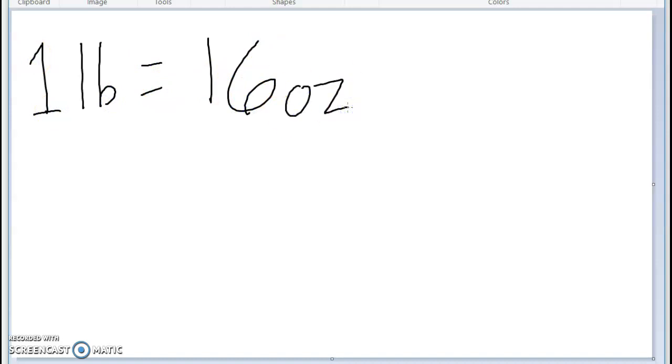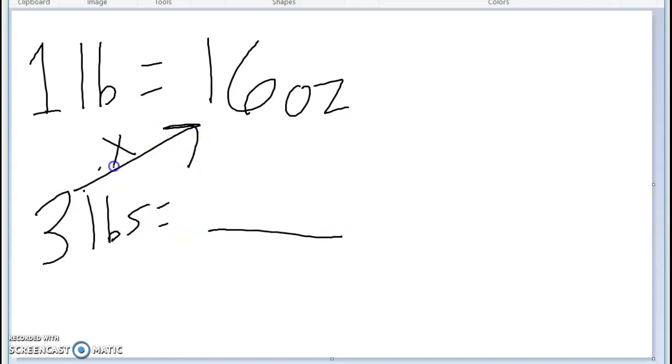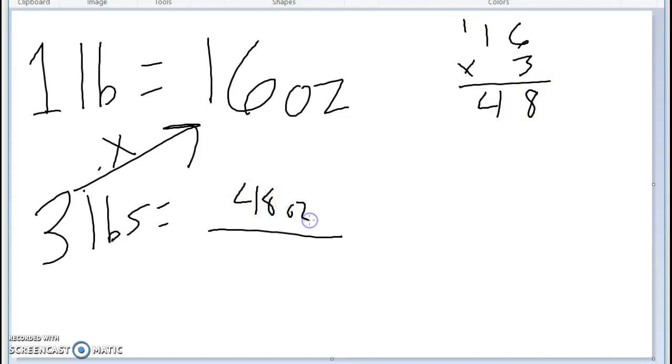If I have 3 pounds, how many ounces do I have? You can do this two ways. If 1 equals 16, for 3 we just have to multiply 3 and 16. So 16 times 3: 3 times 6 is 18, 3 times 1 is 3, plus 1 is 4. So 48 ounces is 3 pounds.